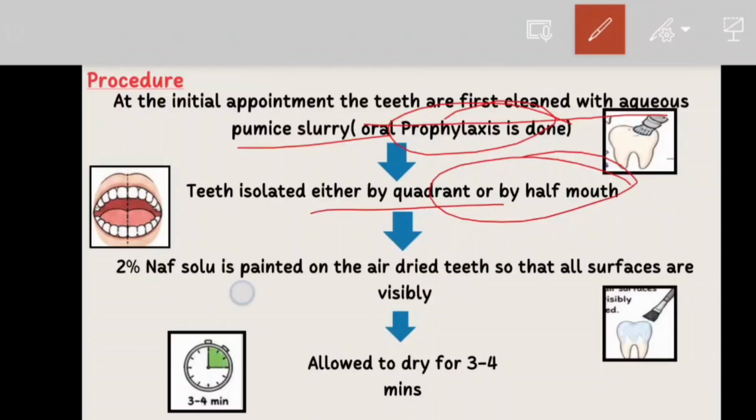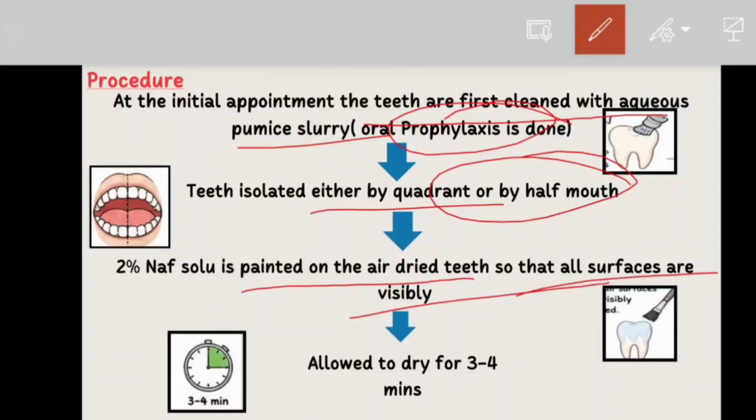After the isolation and teeth cleaning, the 2% sodium fluoride solution is painted on an air dry tooth so that all surfaces are visibly covered. Okay, so the 2% sodium fluoride solution is painted onto the air dry teeth. The solution should be applied so that all tooth surfaces are visibly covered.